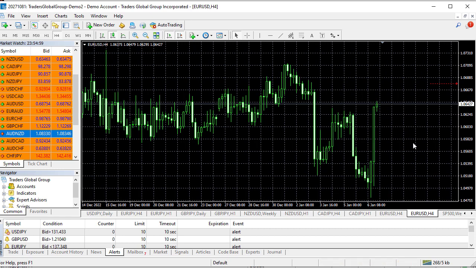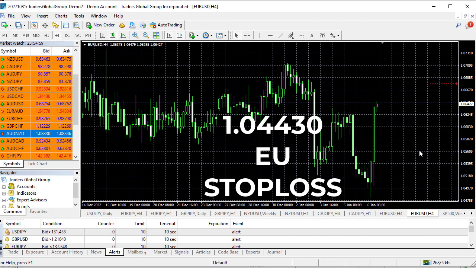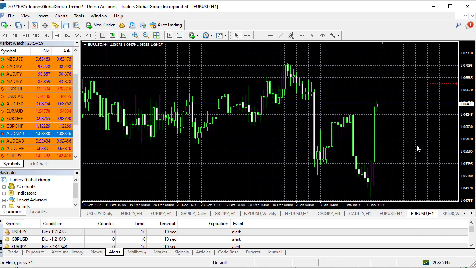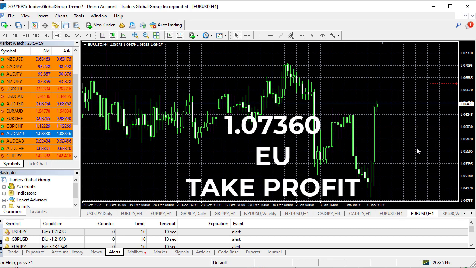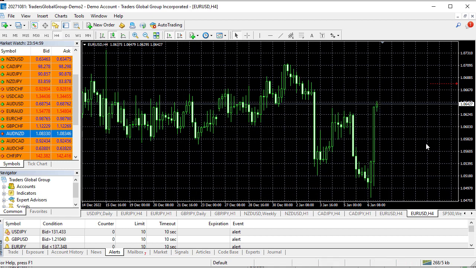So that becomes one-to-one. If it drops to about 580, then you have stop loss at 440, then take profit at about 740. So it becomes kind of like equal. So you want at least a drop of about 50-60 pips, then you can take profit. So at 1.0580, you have a one-to-one.